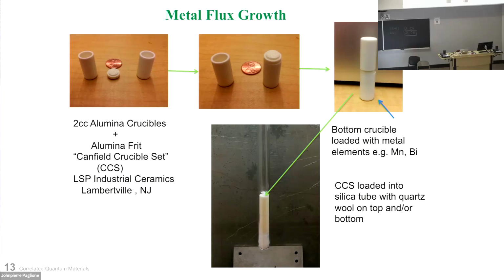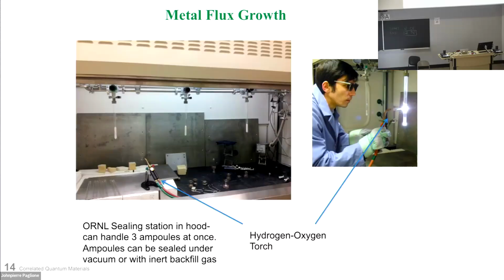So you have to be careful you don't turn it upside down, although if you have enough quartz wool, you can even do that. So these can't move. But then you take this, and this is how you seal it.